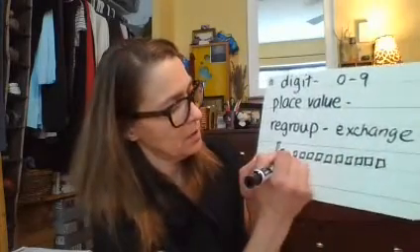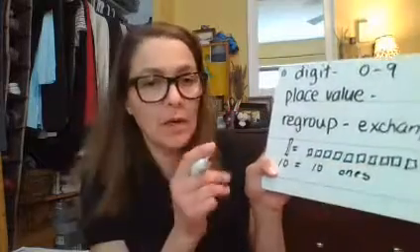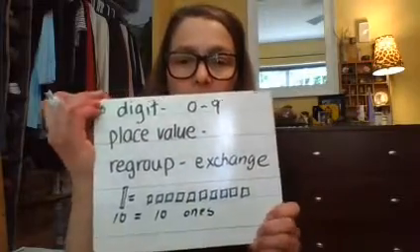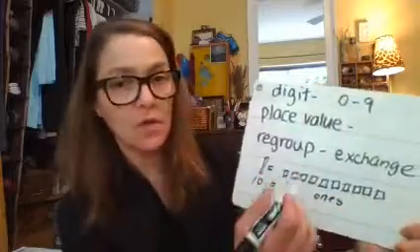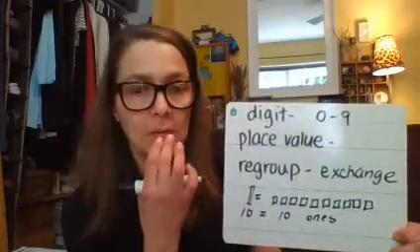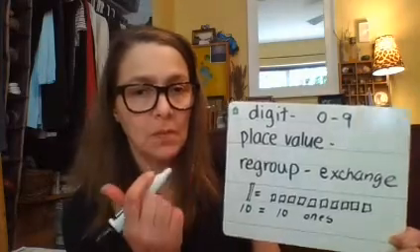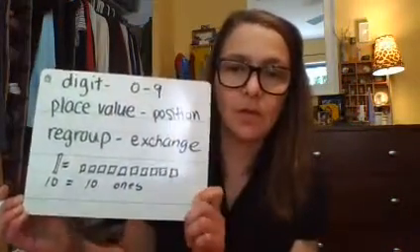So that's 1 ten equals 10 ones. Okay. And that would be to regroup. And you can do it the other way as well. You can exchange the 10 ones for 1 ten. Okay, and let's put position here, because position of the digit determines the place value of that digit.